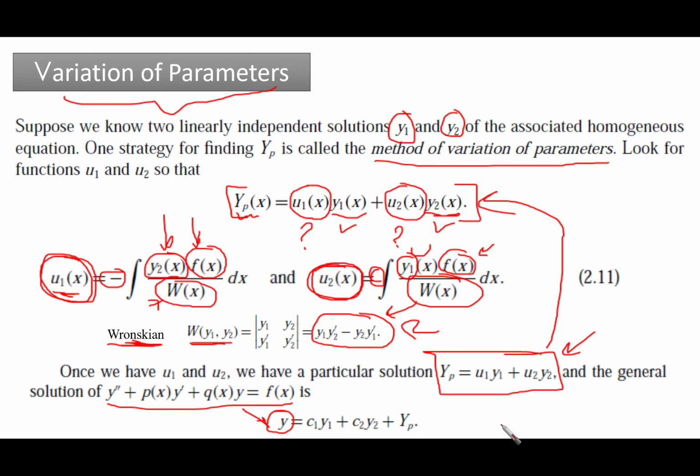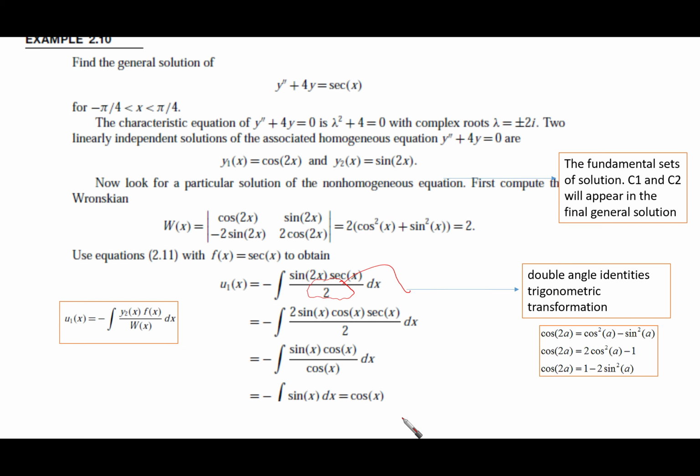Straightforward and easy, and I think that this is the most important equation for us for today. This is the general solution. As I said, part of it is related to the associated homogeneous equation, and the last part is related to the non-homogeneous equation. Okay, now let's have an example to make everything clear for us.